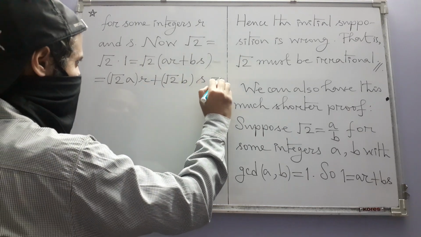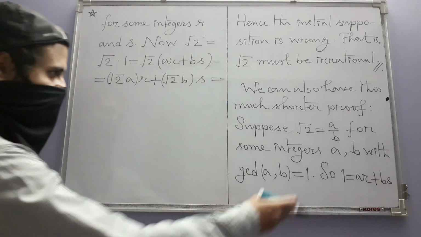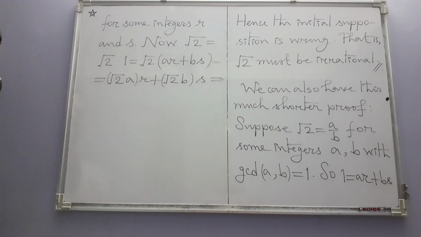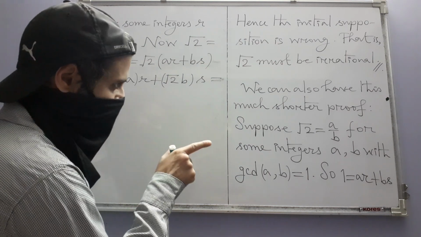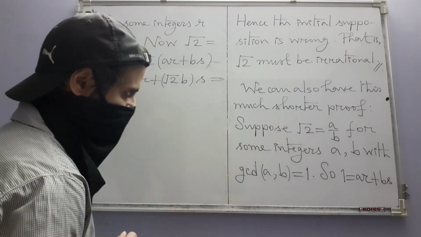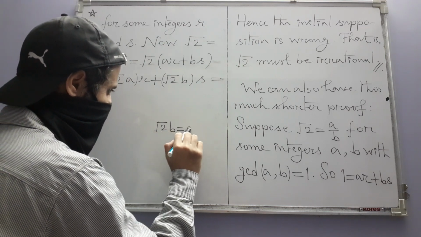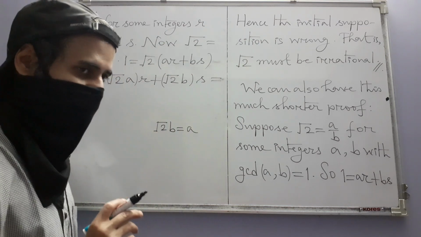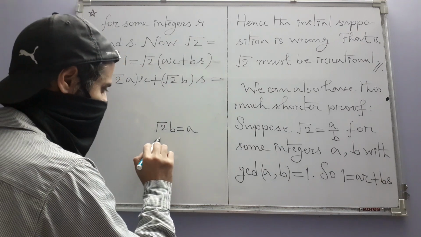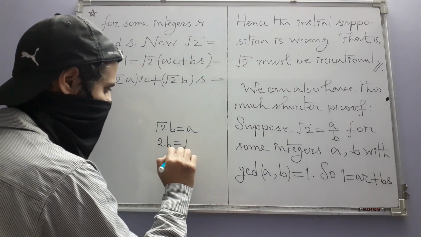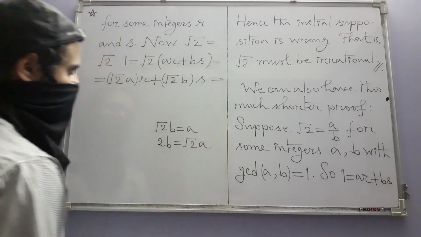Now we look at this equation: if you multiply on both sides by square root of 2, you will get 2b is equal to square root of 2a.